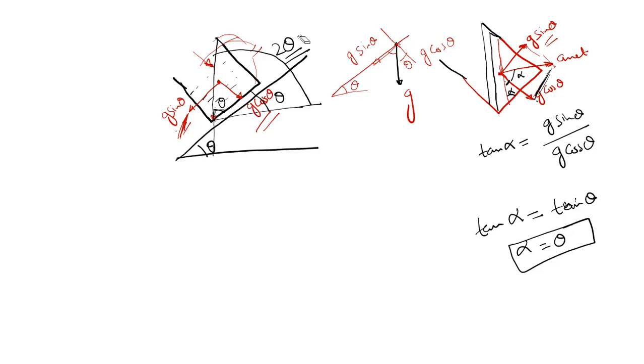If you apply step 1, step 2 and step 3, you'll be able to get answers for any condition. For example, like in this case itself, I've applied some force, so instead of g sine theta we get an acceleration a_x in this direction.